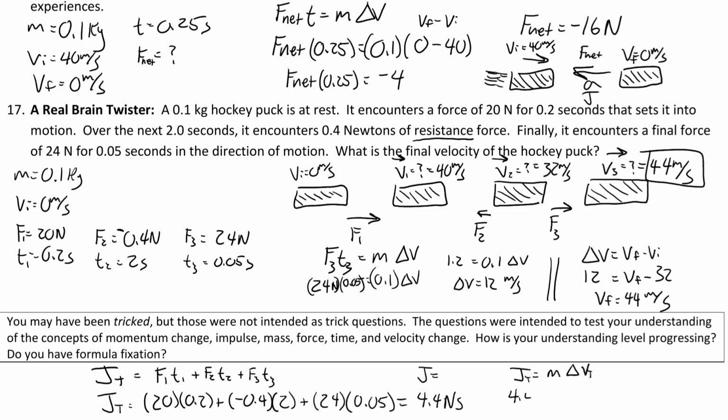So if this is 4.4 and the mass is 0.1, then your change in velocity is equal to 44. 4.4 divided by 0.1 is 44 meters per second. And we know we started at 0, so your final velocity is 44 meters per second. And that's all there is to it.